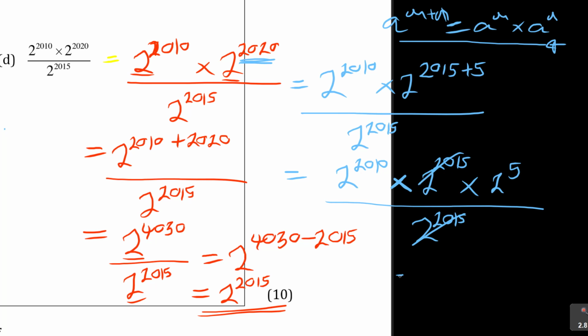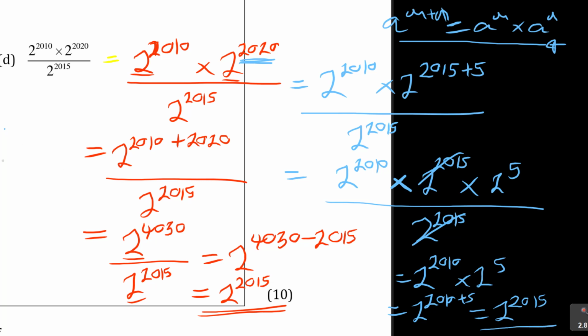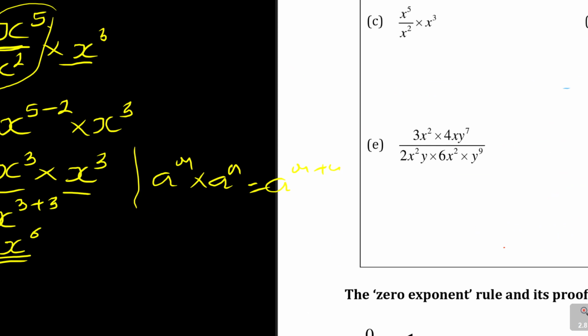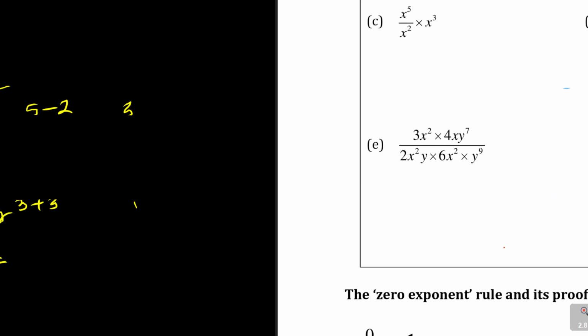You are left with on top 2 to the power 2010 times 2 to the power 5. You add now 2 to the power 2010 plus 5, which is 2 to the power 2015, the answer that you just got. Okay. So these are different ways you can get your answer, but the first one, I will advise the first one.